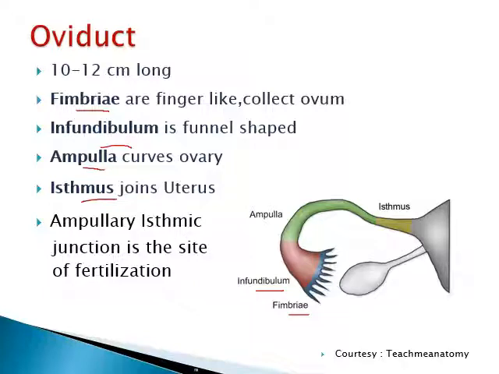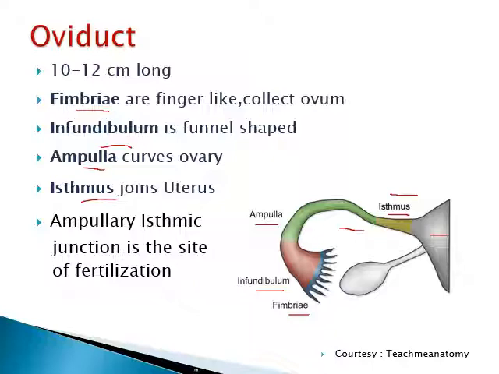Ampulla is the region which curves around the ovary, and it finally leads into the isthmic junction. Isthmus is the region which joins the fallopian tube with the uterus. Here in this diagram you can see the ampullary region of the fallopian tube and this is the uterus, and the isthmus is the connecting link between the fallopian tube and the uterus.